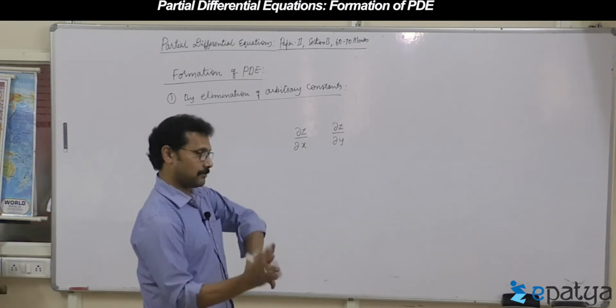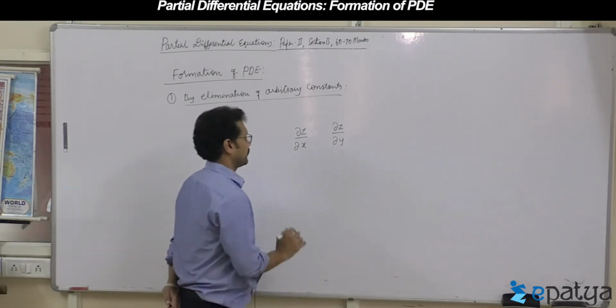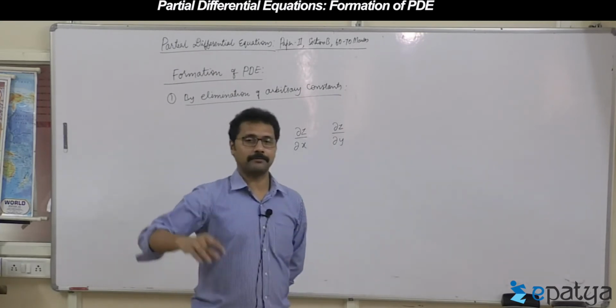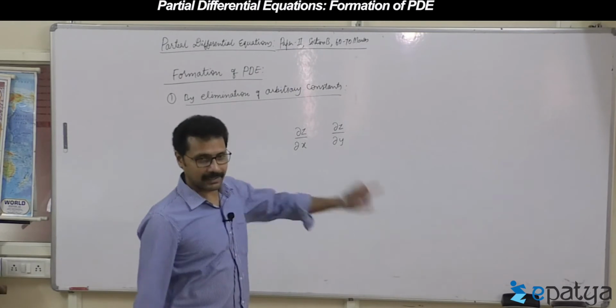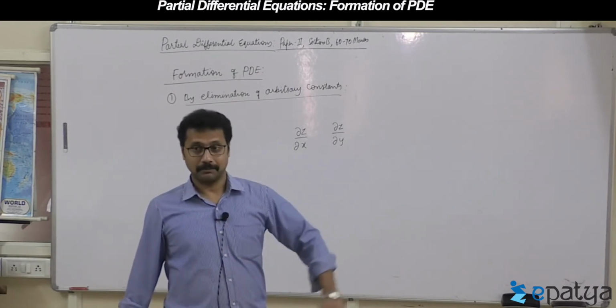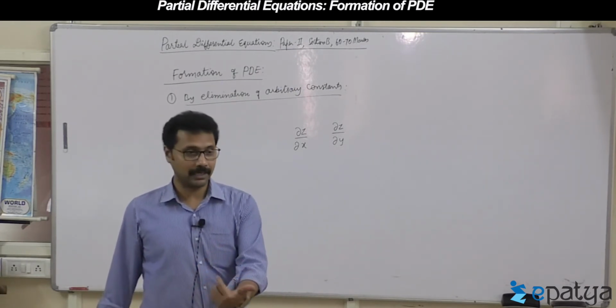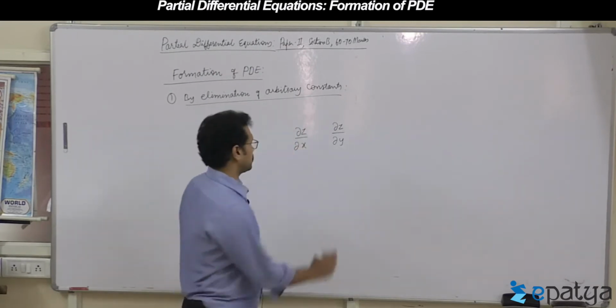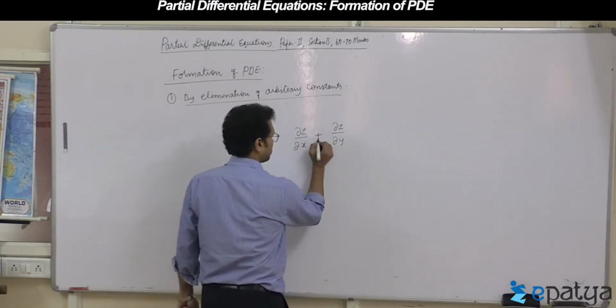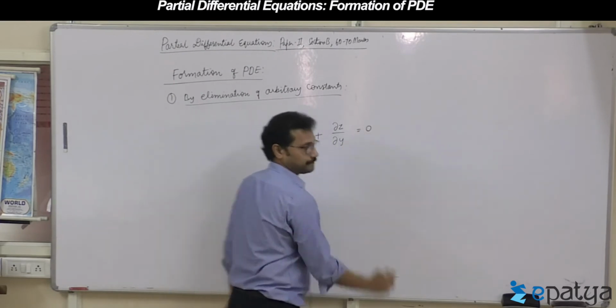Suppose I think of the reverse process: if I have to solve a differential equation, I have to integrate with respect to x, and with respect to y also. Take a small first order differential equation like this, plus equal to 0.